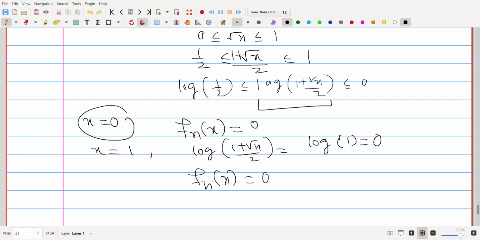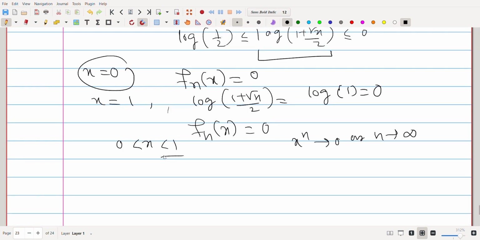So for x equal to 1 also f_n(x) is 0. So for x equal to 0, f_n(x) converges pointwise to 0, and for x equal to 1, f_n(x) converges to 0 also. Now for x between 0 and 1, the log part is bounded, and x to the power n goes to 0 as n tends to infinity, because x is in the open interval (0, 1).